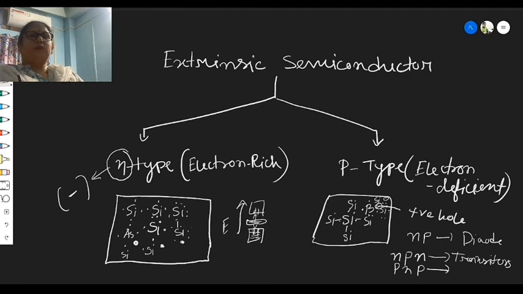In the case of solar cells also, we use semiconductors, and this type of sandwich combination of semiconductors we can use in some transistors which are used to modify audio or video signals.